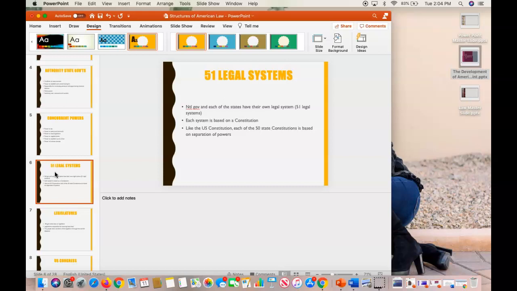Each system has a legislature empowered to enact statutes or laws. Each system has its own government law office, for example, an attorney general's office. This is part of the executive branch. Each legal system has its own system of courts.